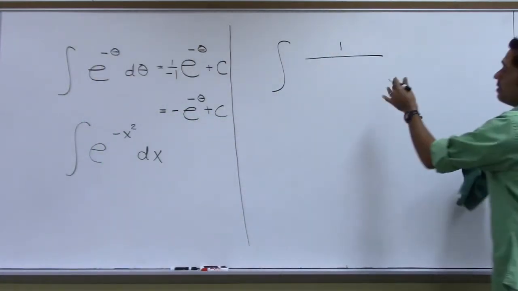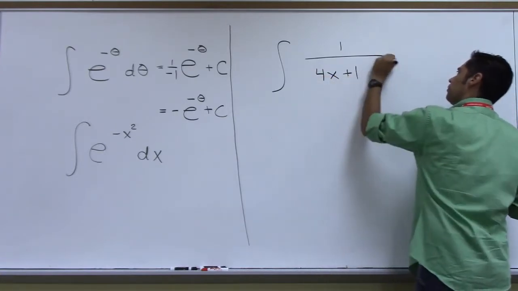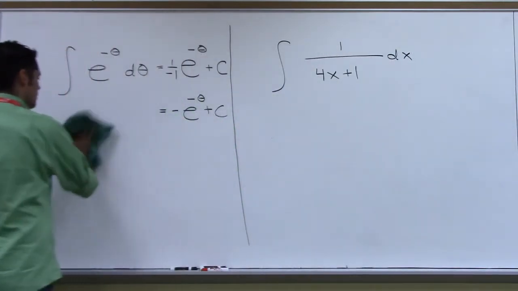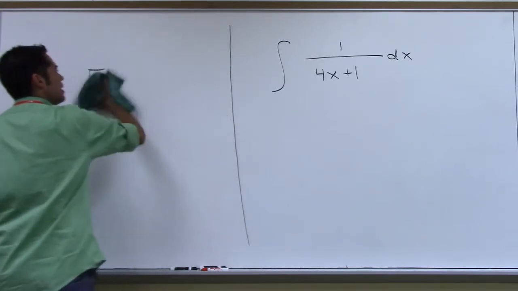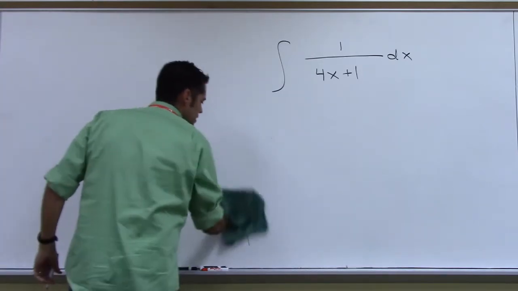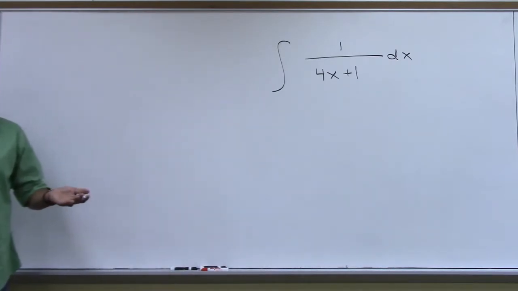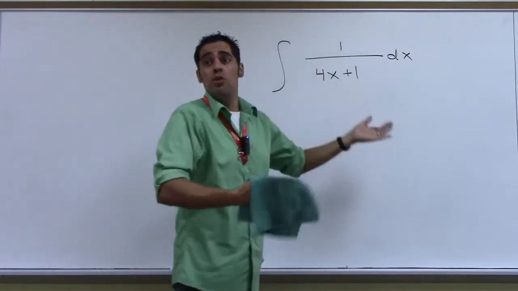Okay, so how about this? Last one. I'm hoping that when you look at that, you say, okay, I've got 1 over a linear expression, right? So this is like 1 over u.